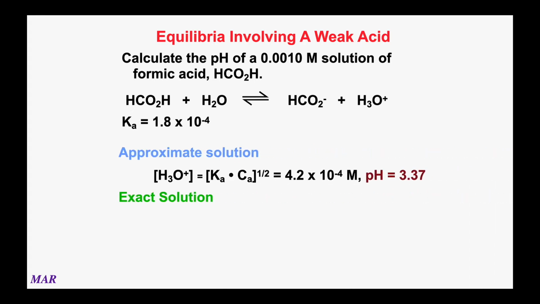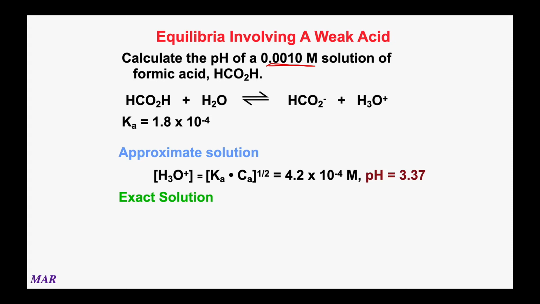But 100 times Ka here would be 100 times 1.8 times 10 to the minus 4. That would be 1.8 times 10 to the minus 2. And the Ca, the concentration of the acid, is 10 to the minus 3. So using square root Ka times Ca here doesn't really work.